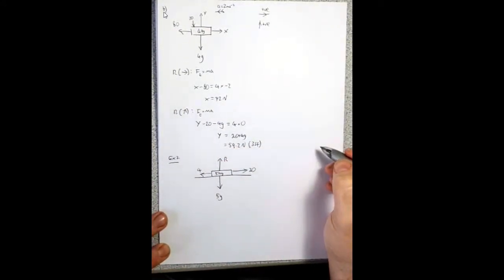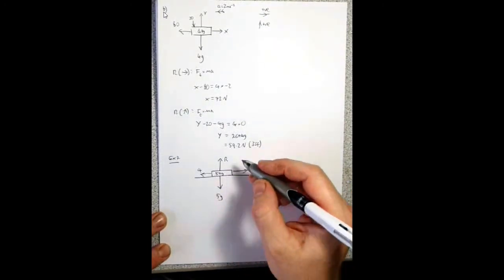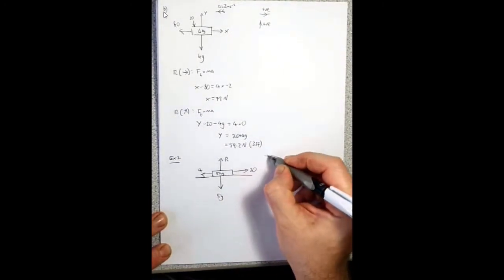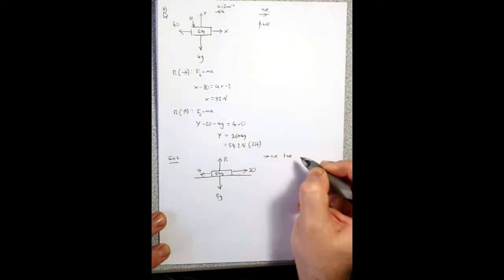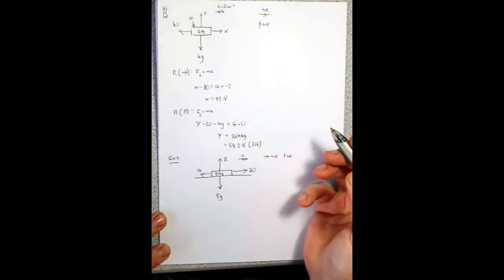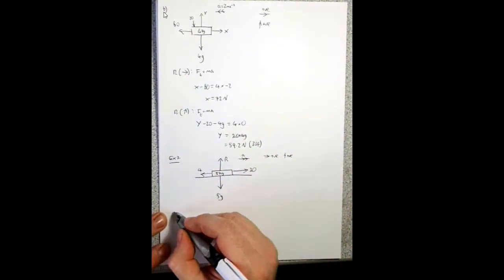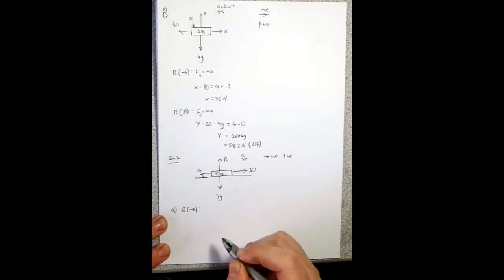I've got a force to the right, a force to the left, and I'm just going to resolve and solve, as I always do. Resolve and solve, rhymes, never thought of that before. Reminder that right is positive, up is positive. I'm told it's accelerating to the right, and I've got to find out what a is.